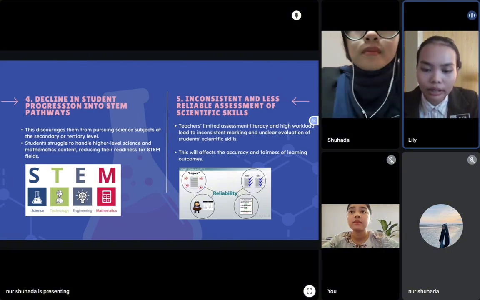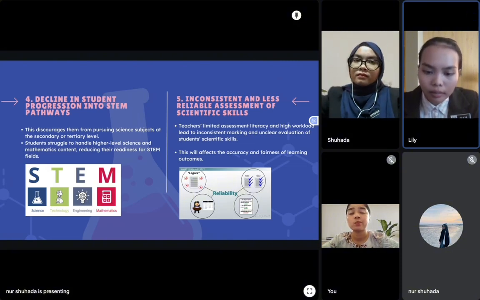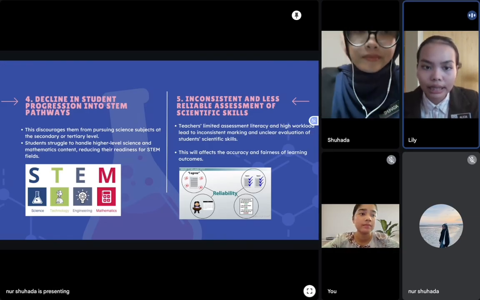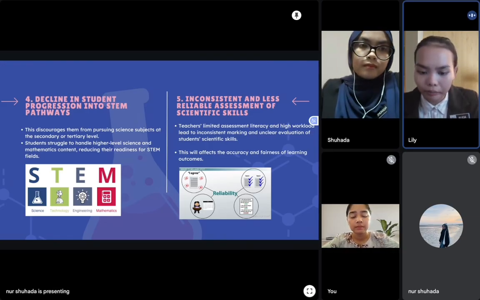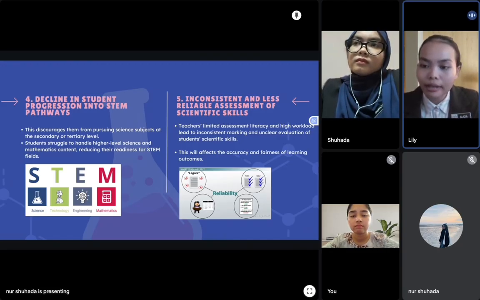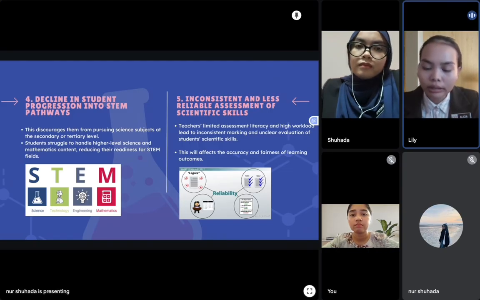The next one is about inconsistent and less reliable assessment of scientific skills. Why did I mention this? Because teachers' limited assessment literacy and high workload lead to inconsistent marking and unclear evaluation of students' scientific skills.